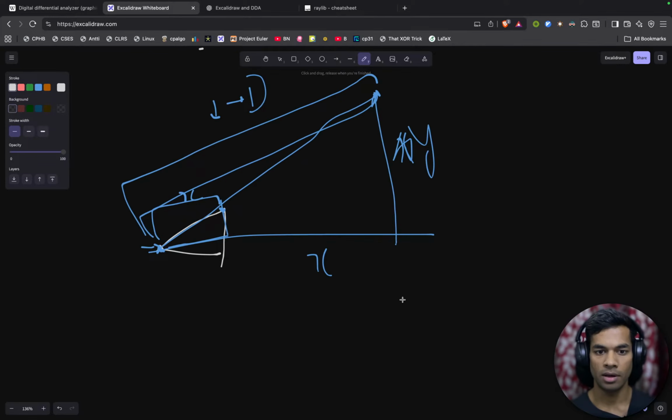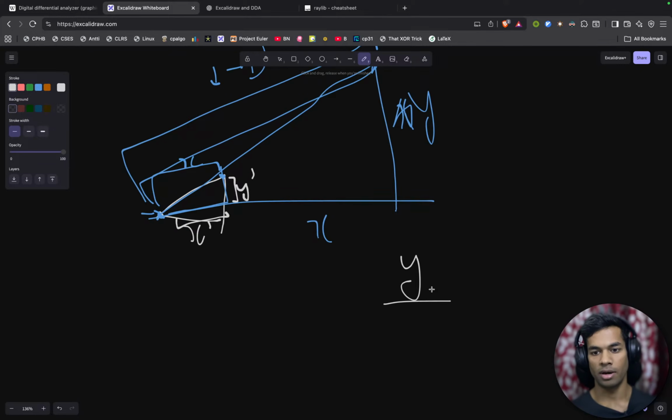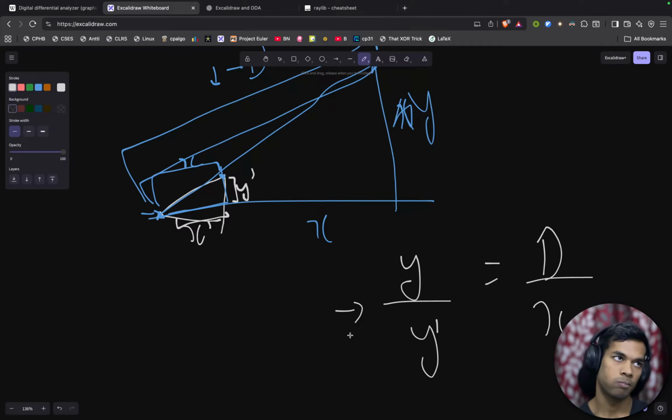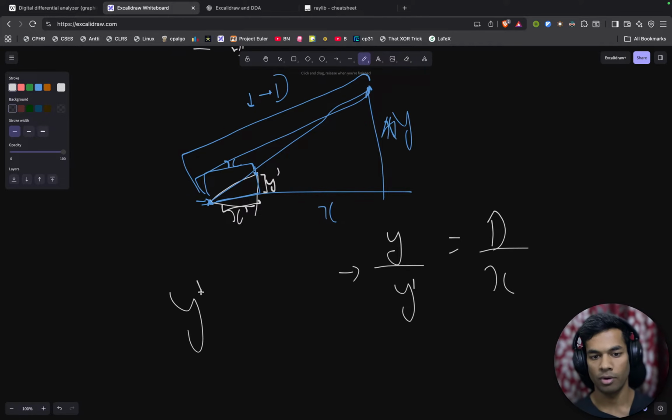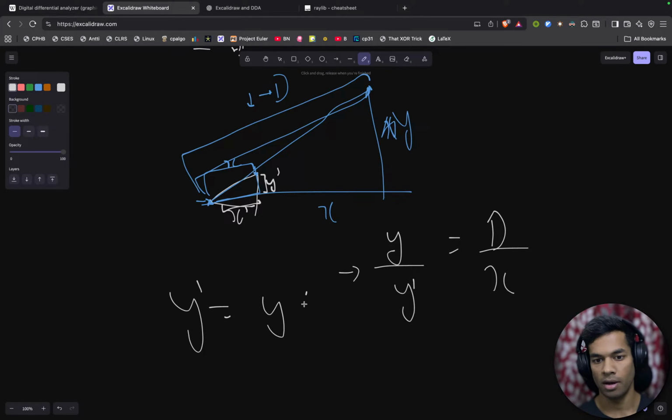And then we will have, by similarity of triangles, x divided by x dash, this is small distance, and y divided by y dash equals big D divided by x. Yes, by similarity. Therefore y dash would be equal to y into x divided by d.